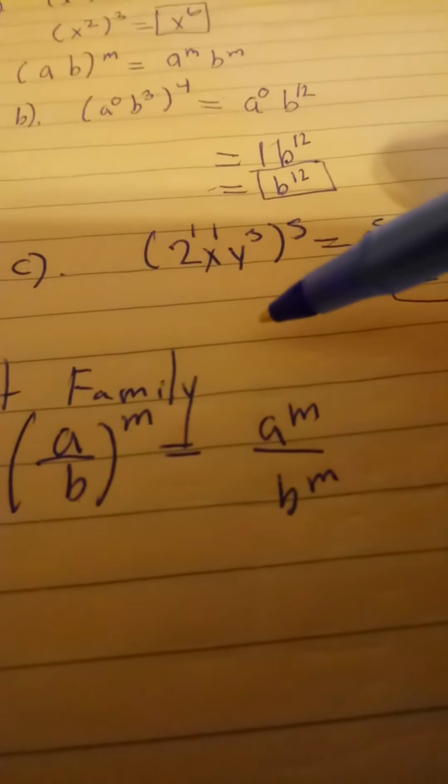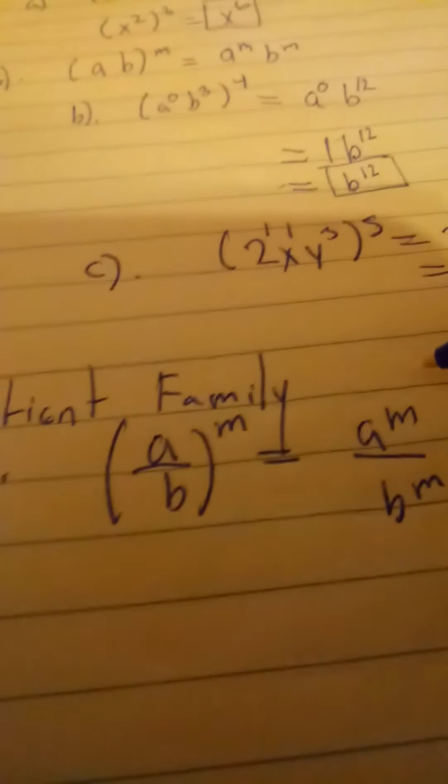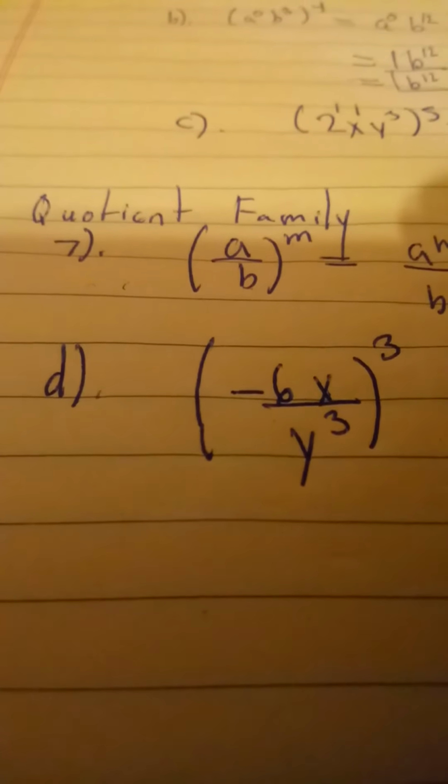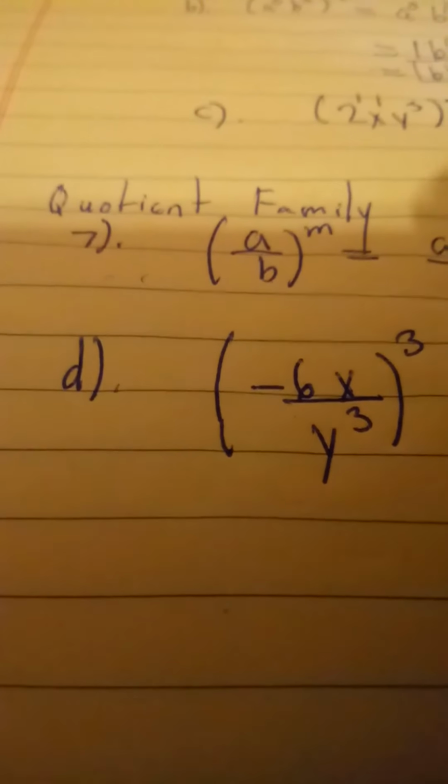So let's go ahead and take a look at an example of that. Take a look at letter D there in part 4. So letter D, we have negative 6x over y to the 3rd, all of that being raised to the 3rd power. All right, so once again, we have several bases.